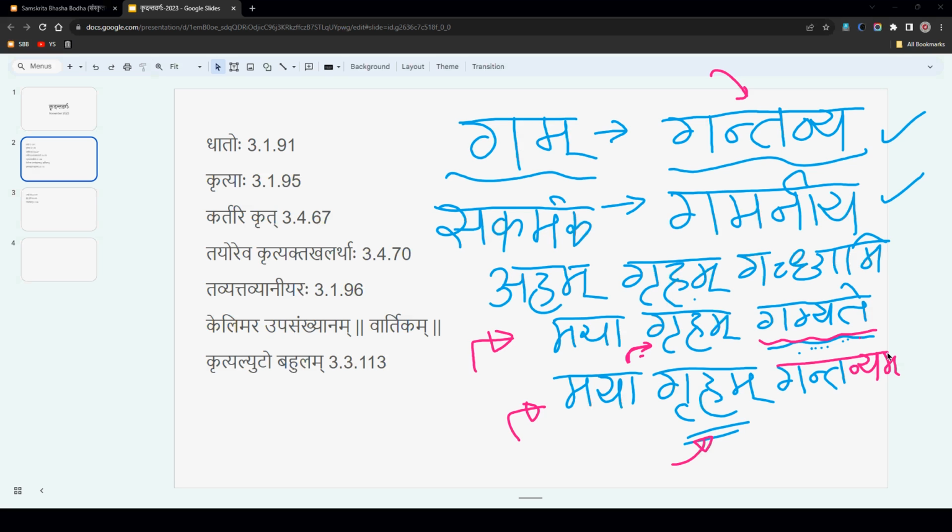But if you literally translate it, the house should be reached by me. Should be reached. Maya graham gantavyam or maya graham gamaniyam. You can use either Tavyat or Aneeyar. Okay. Maya graham gamaniyam. Okay.